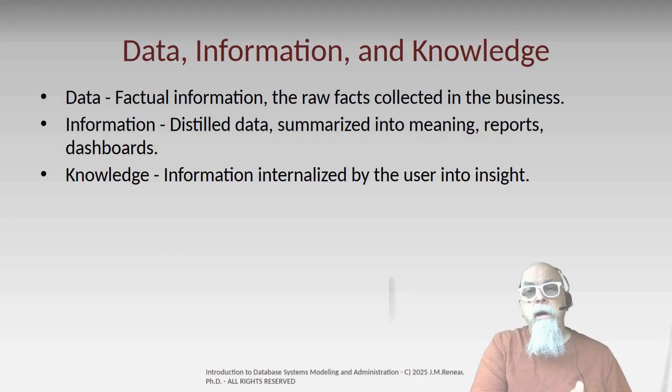Well, it is, but data are the factual little bits of information. They're the raw facts collected in a business. Think about the details that a point of sale terminal collects. Every time it goes beep, it records the barcode, the date, the time, the terminal, the order number, lots of things. These are raw bits of data.